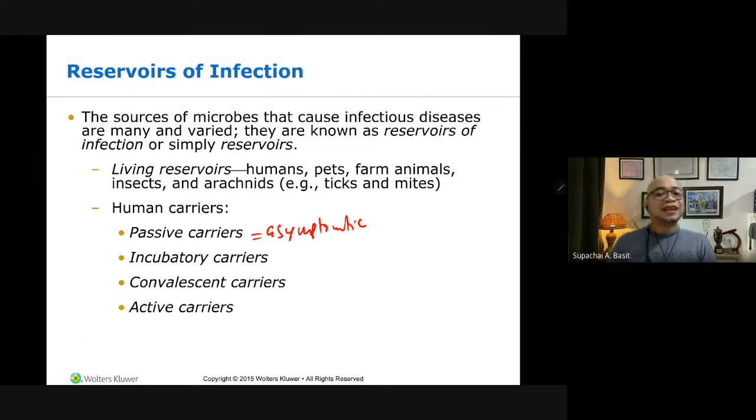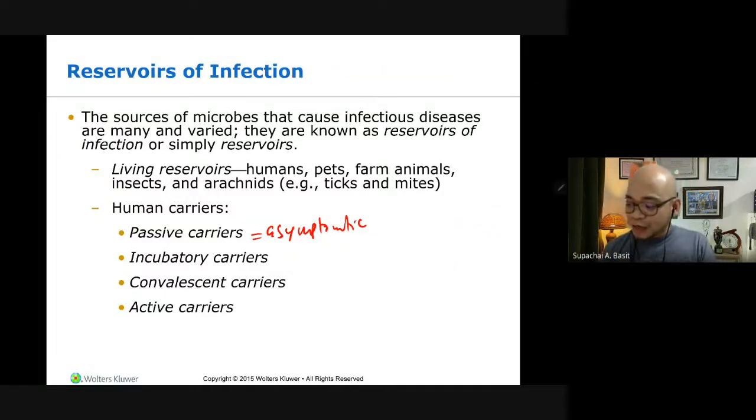When you say incubatory carriers, these are humans who do not show any signs and symptoms, but they are already infected. The reason why they do not show any signs and symptoms is because the organisms inside their body are still in the incubation period.